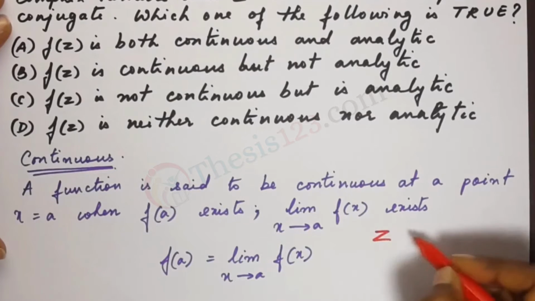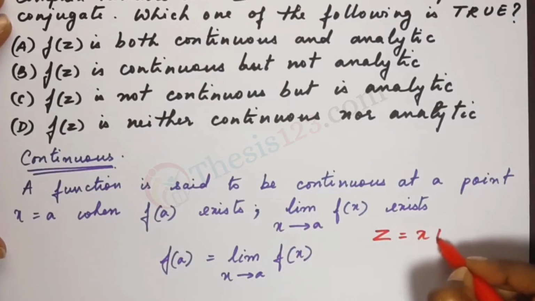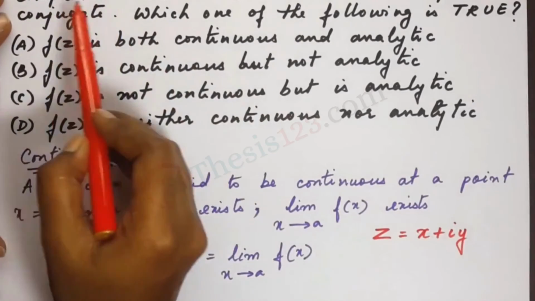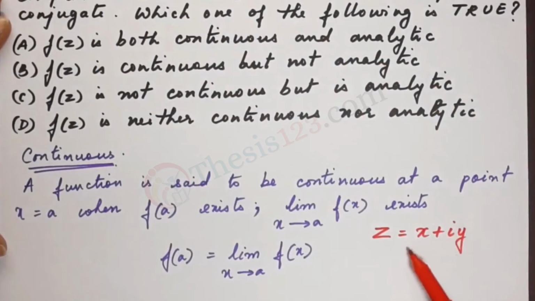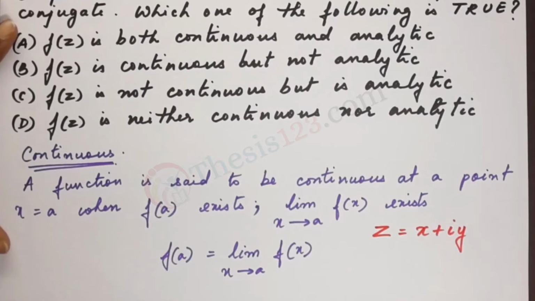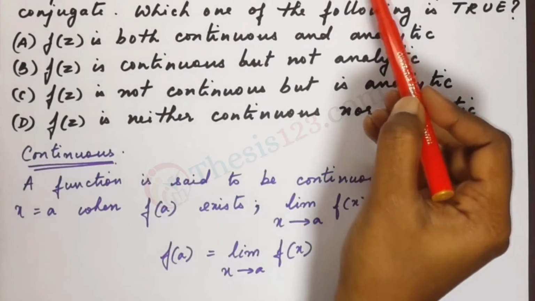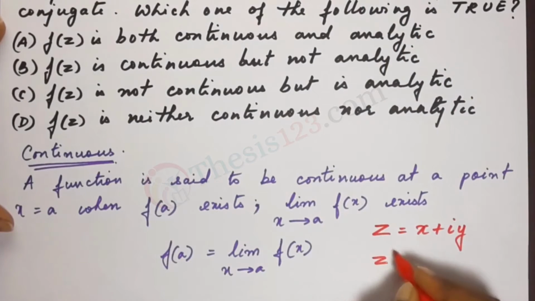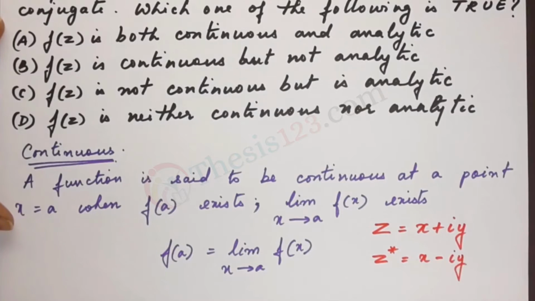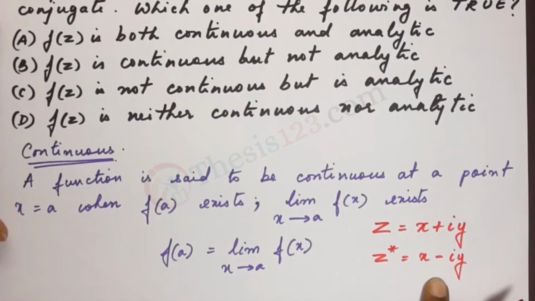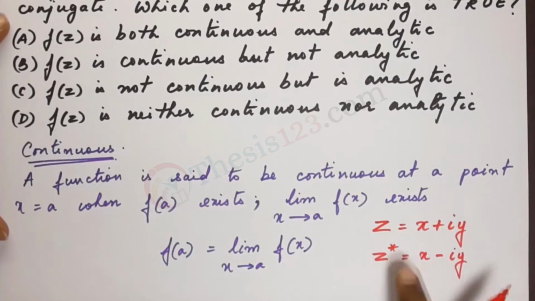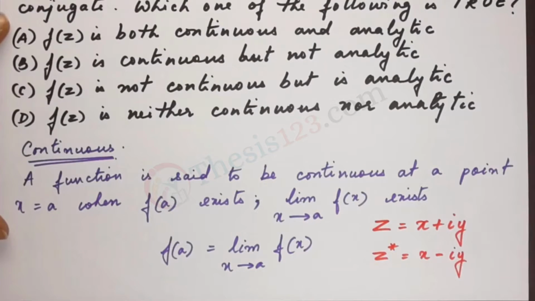Now let's assume that z is x plus iy, where this is a complex term. Now the conjugate, z star, would be written as x minus iy, since it's the conjugate. So we have z and z conjugate.